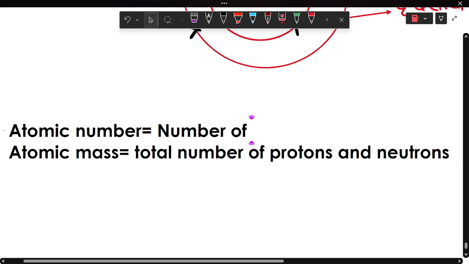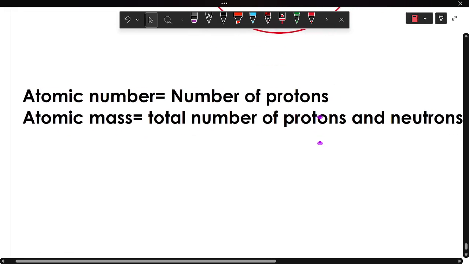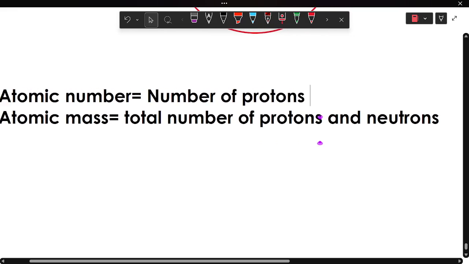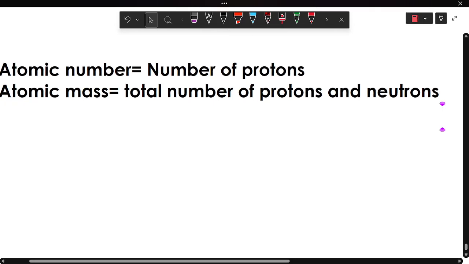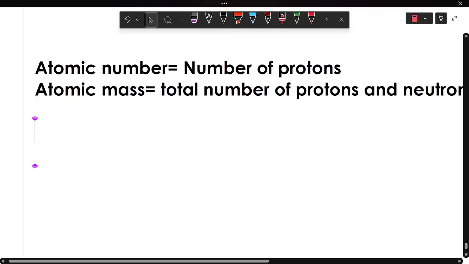So if we go to a periodic table, we arrange the elements according to their number of protons, right? Perfect. So let me just show the sample of the periodic table.